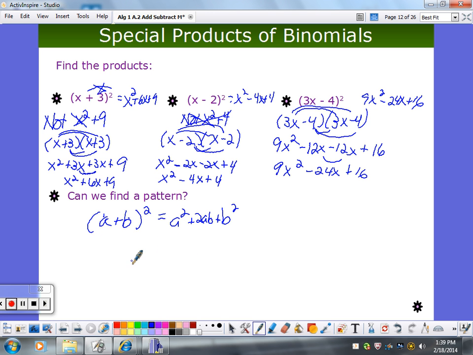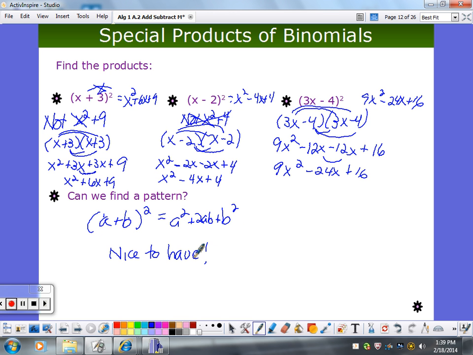Now, it's just a pattern to make this faster. I will give you this. This is a real nice to have. And some people latch onto this right away. If you don't remember it, what do you do? Expand them out and multiply. So is this like you must remember this by next class right away?